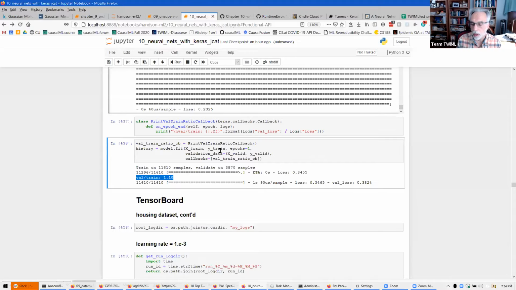We expect that ratio to always be greater than 1, because validation loss is always going to be worse, i.e., bigger than training loss. Remember, a low value of loss is good and a higher value is bad. So this is not a surprise. 10% larger. Validation loss is 10% larger.